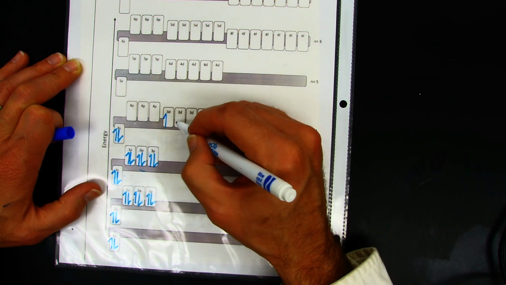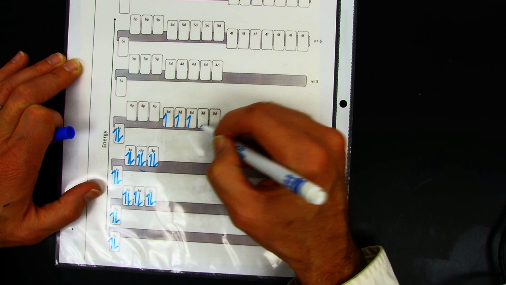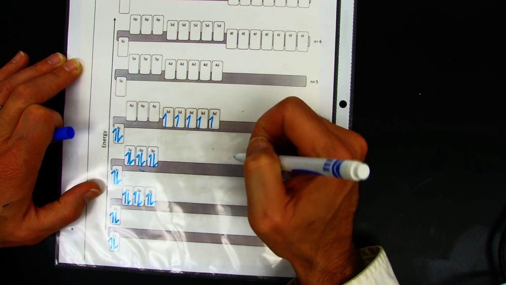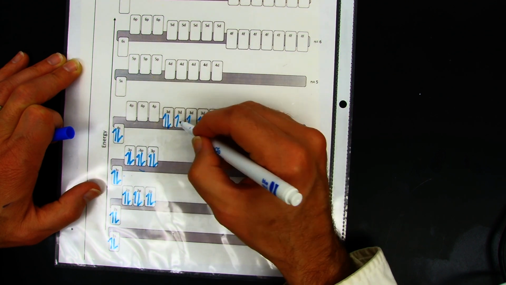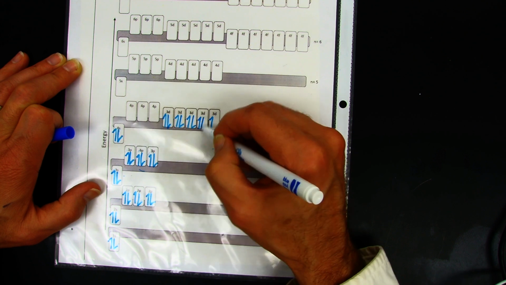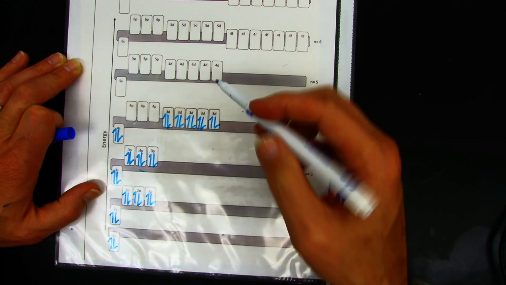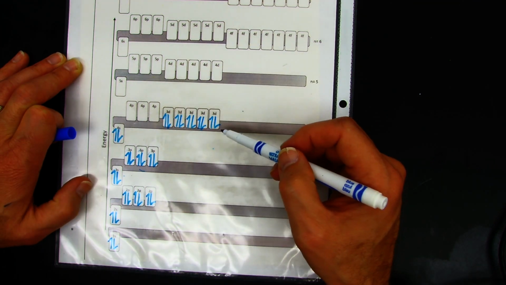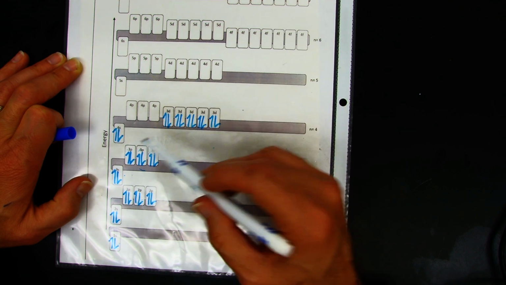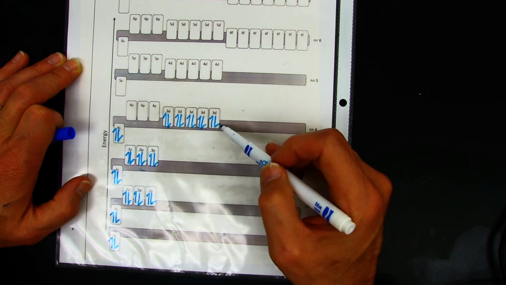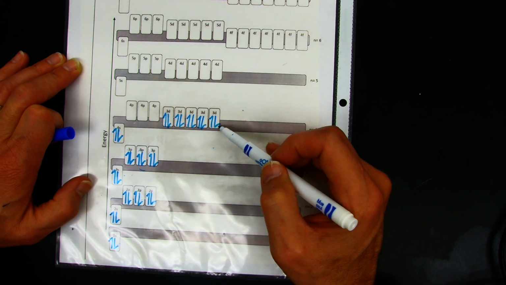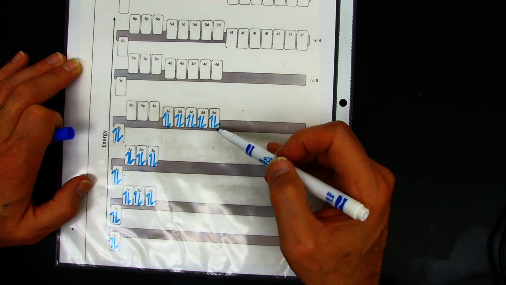So spin up, spin up, spin up, spin up, spin up. Spin down, spin down, spin down, spin down, spin down. And so that's 10 electrons. So we had 20, we added 10 more. That is 30. So we have 35 electrons total, 5 more to go.